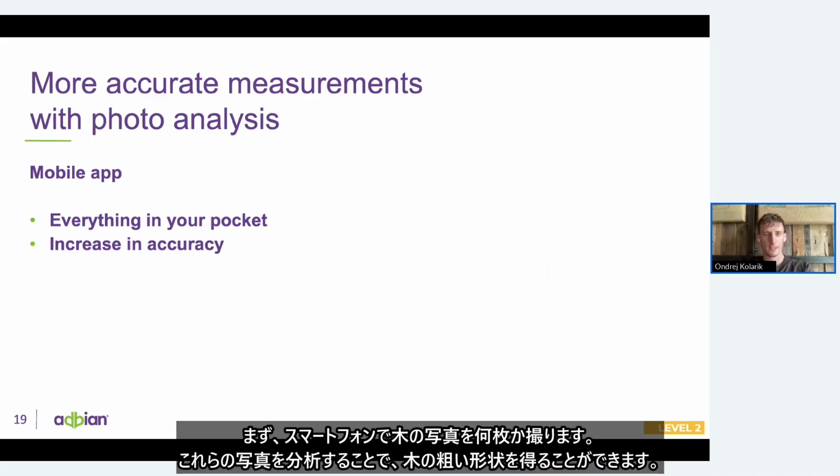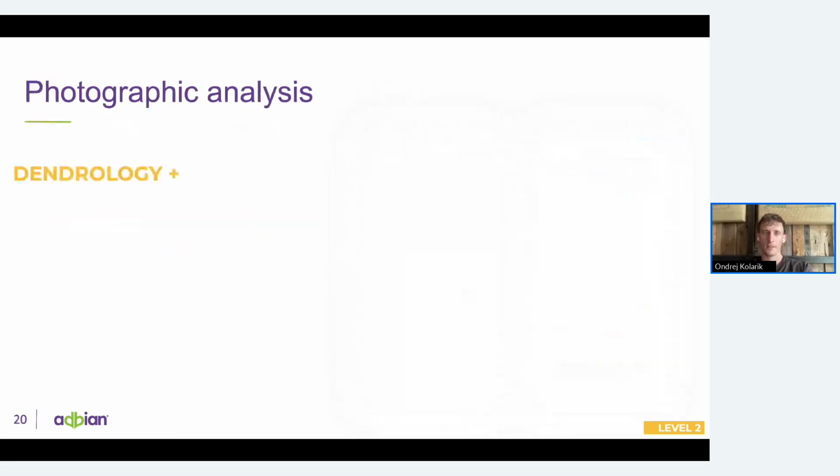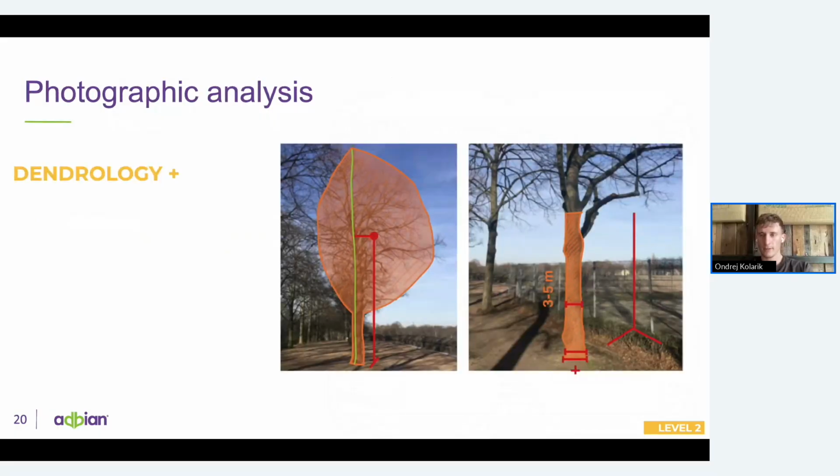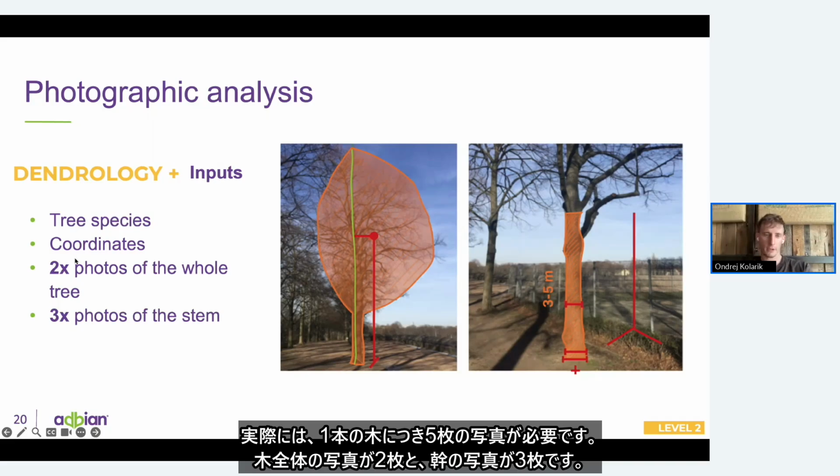So first, we take several pictures of the tree with your mobile phone. These photographs can be analyzed, and we can get a rough geometry of the tree from them. Actually, it's 5 photos for every tree.